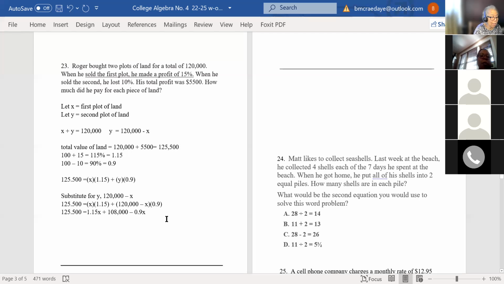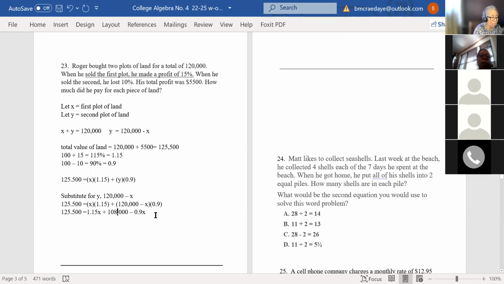Because this 120 minus x is substituted for Y, but Y is times 0.90, so it'll be 120 minus x times 0.90. So 1.15 times x is 1.15x. 0.90 times 120,000 is 108,000, and 0.9 times the minus x is minus 0.9x.